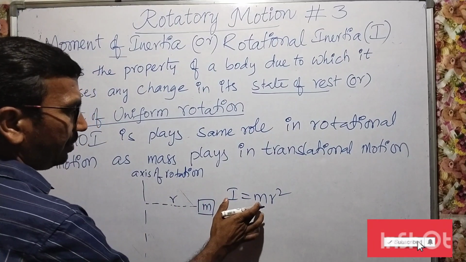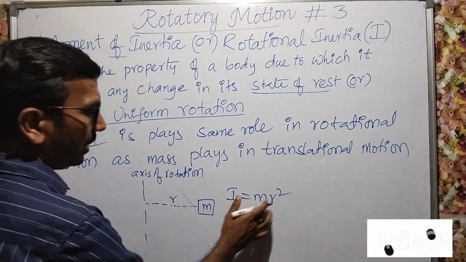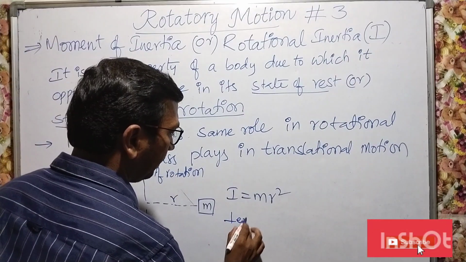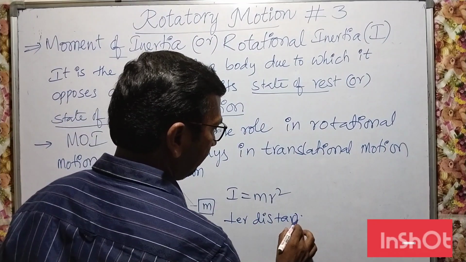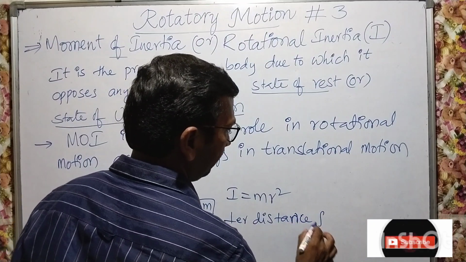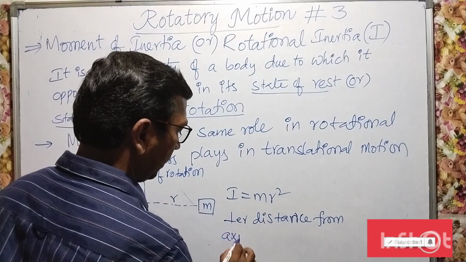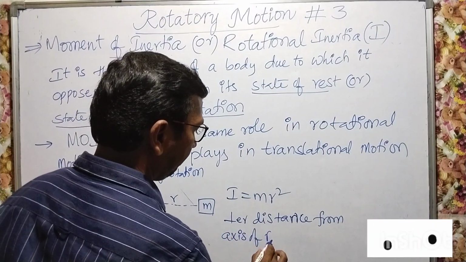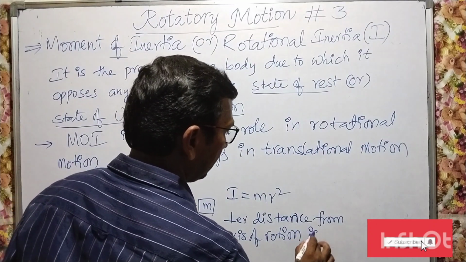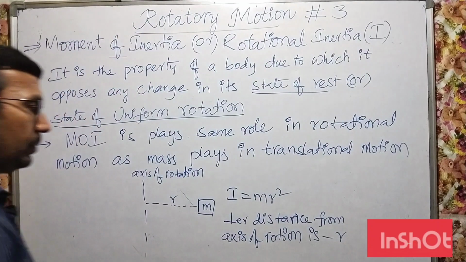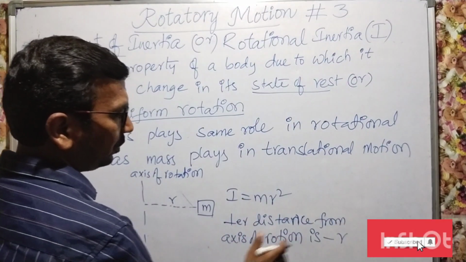Here m is the mass of the particle, I is the moment of inertia, and r is the perpendicular distance from the axis of rotation.